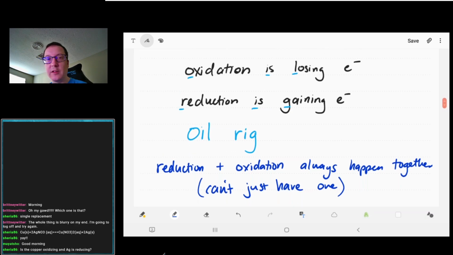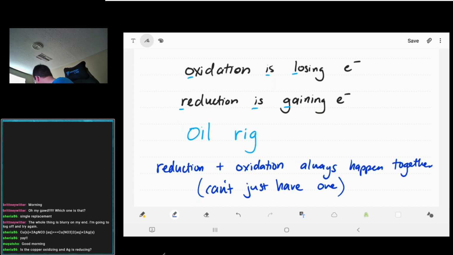You can't just all of a sudden lose electrons. I guess you can if you're blasting stuff with X-rays, but that's not necessarily a chemical reaction. So in a chemical reaction, if you're going to have oxidation, you will also have reduction. They're always going to occur together.